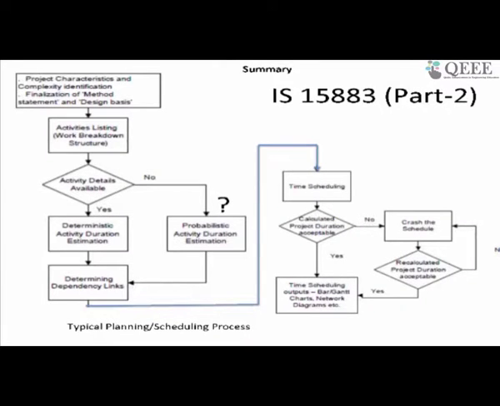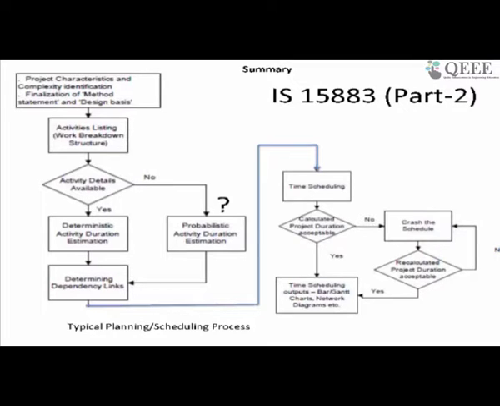Now, looking back at what we did yesterday, we looked at IS 15883 part 2, and we used the process defined in the standard as our basis for discussion. We talked about the work breakdown structure, determining duration, and dependency links.